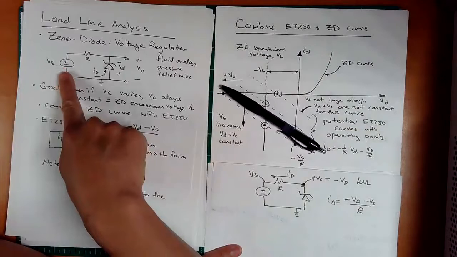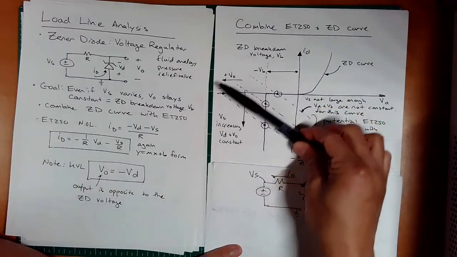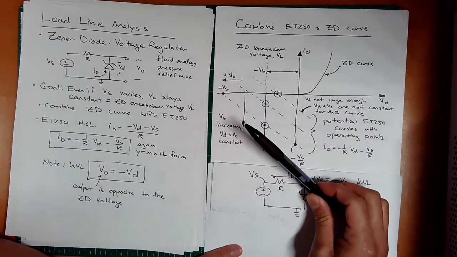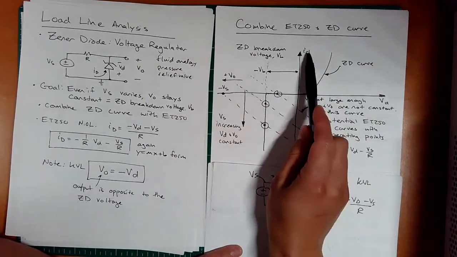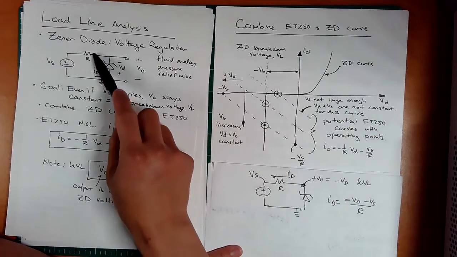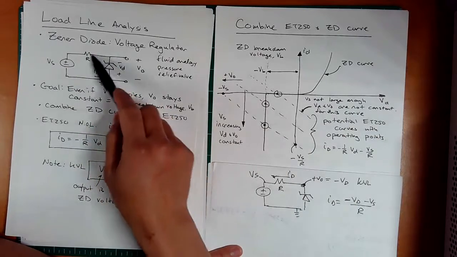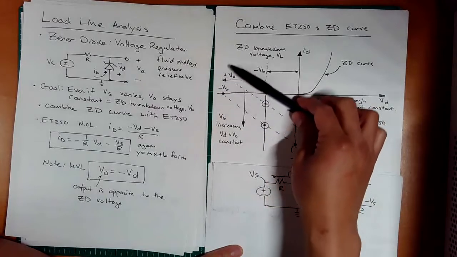So increasing VS will pull this down. And maybe you're confused as to why it's going down when the previous lecture it was going up. Well, remember, this ID is defined opposite to the direction of the previous problem from last lecture. So this ID is going that way. That's why.